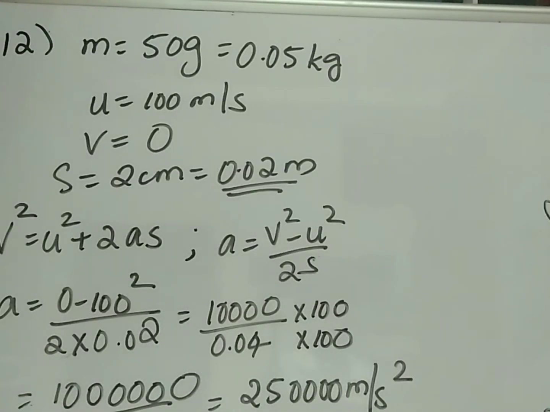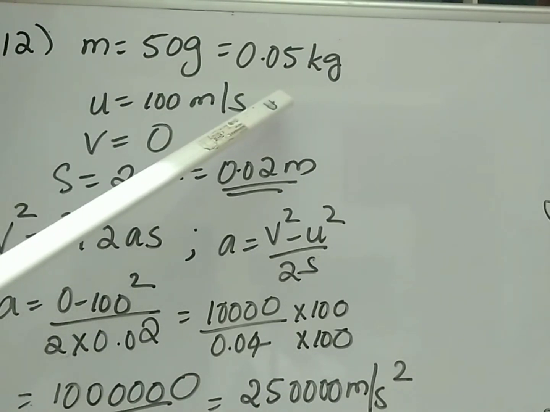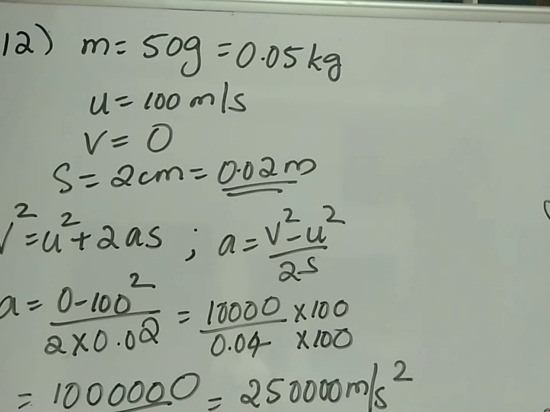Question number 12. A bullet of mass 50 gram. Bullet means the bullet fired from a gun. Mass is given 50 gram. Convert into kilogram, you will get 0.05 kg. Moving with an initial velocity u 100 meter per second, strikes a wooden block and comes to rest.